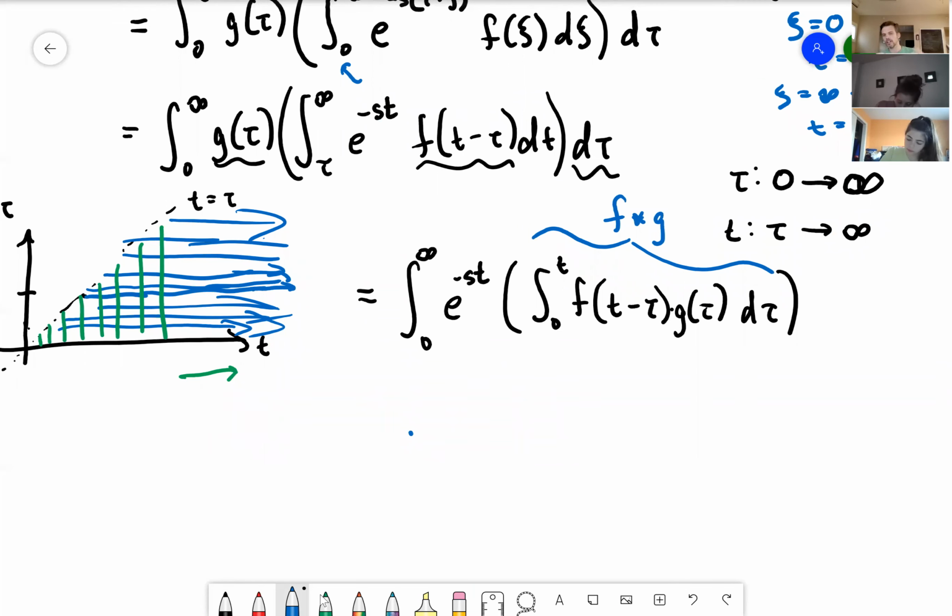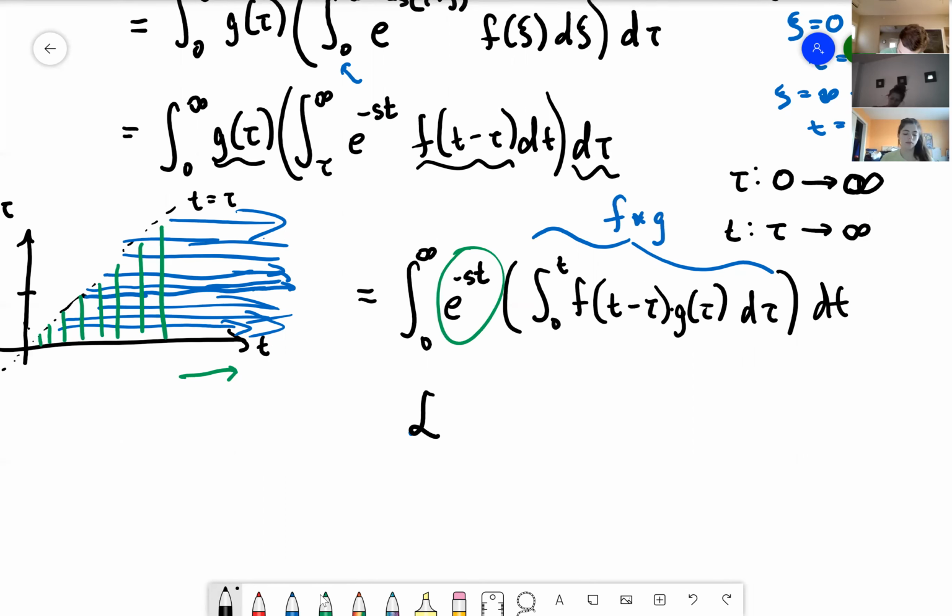We've used our transformations of an integral, all of those rules that we had for rewriting integrals. We've used them to get this in the form of something times f star g. That something is e to the minus st, which we recognize. I forgot the dt on the outside. The outer integral is in terms of t, so it's times e to the minus st, and then we integrate from 0 to infinity.